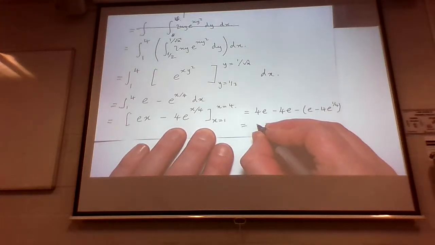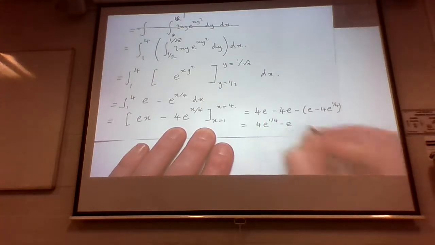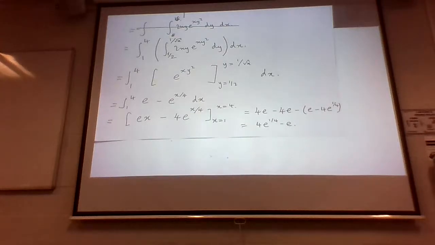And remaining is just 4e to the quarter minus e. I believe. So that answers part B.